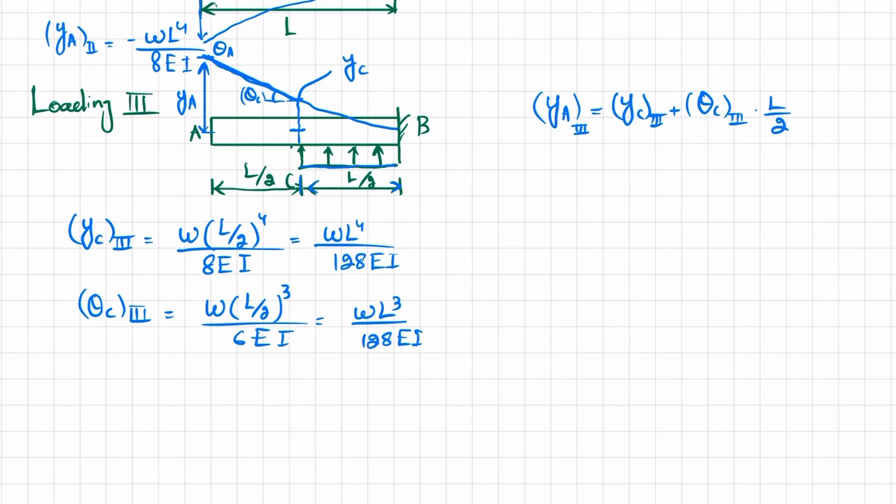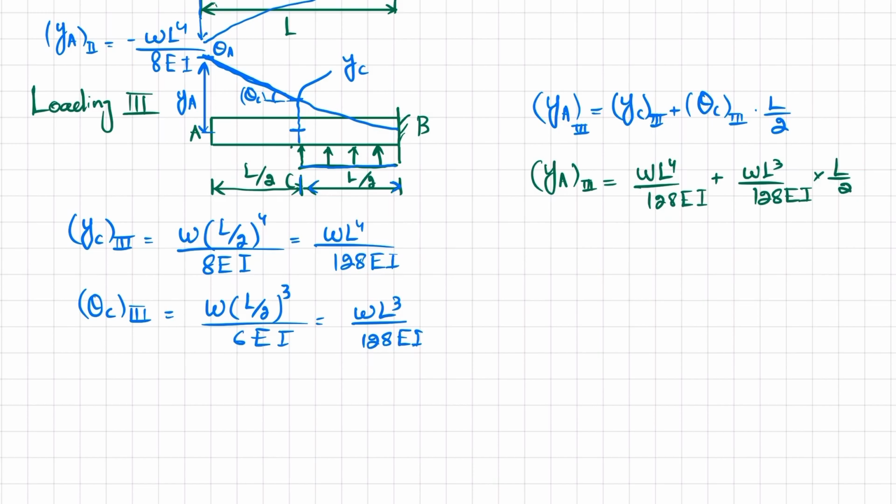So let's put in the values. This total YA at loading 3 will become equal to YC3, which is WL^4 over 128 EI, plus theta C, which is WL^3 over 48 EI, multiplied by L by 2.